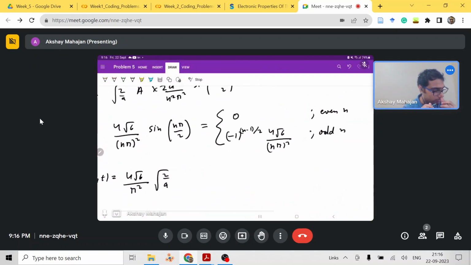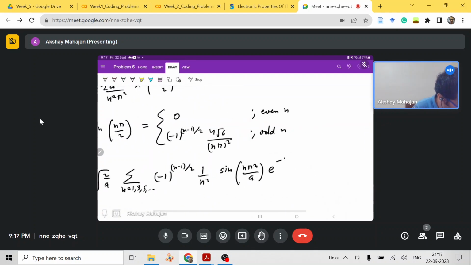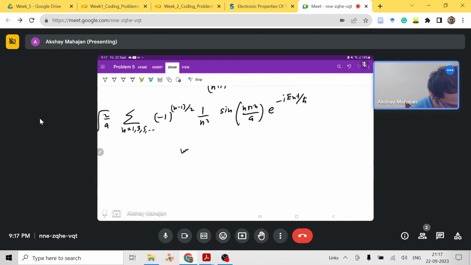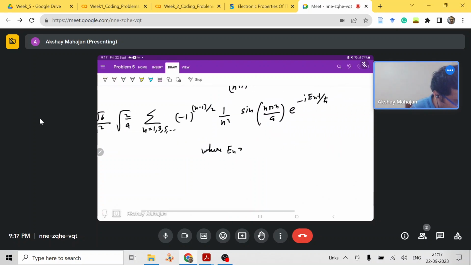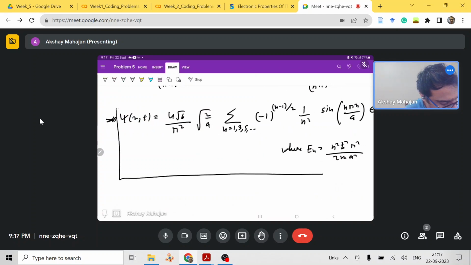For even n there will be no contribution from the even eigenstates, and the only contribution will be from the odd n ones, 1, 3, 5 and so on, which is minus 1 to the power n minus 1 divided by 2, 1 by n square, sine of n pi x by a, e to the power minus i En t by h cross, where we know En will be equal to n square h cross square pi square by 2m a square, and n is equal to 1, 3, 5 and so on. So this is our psi of x comma t.